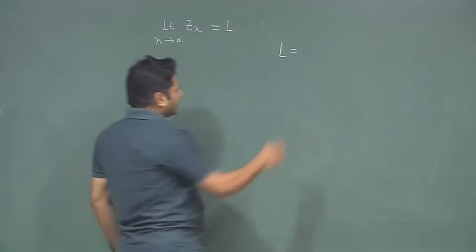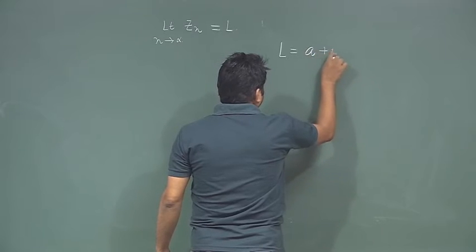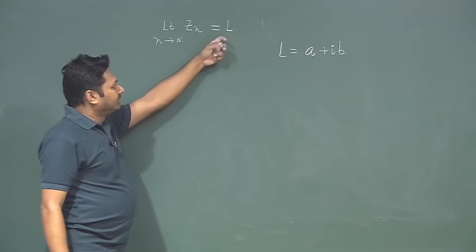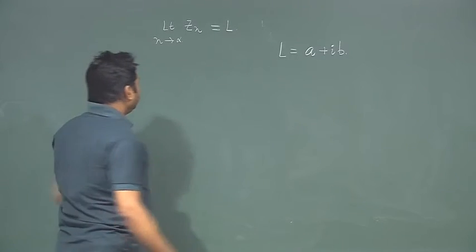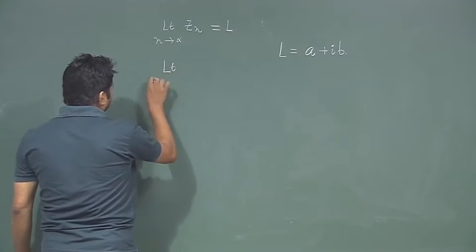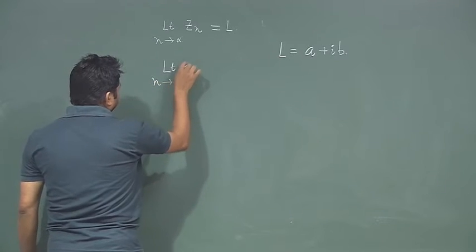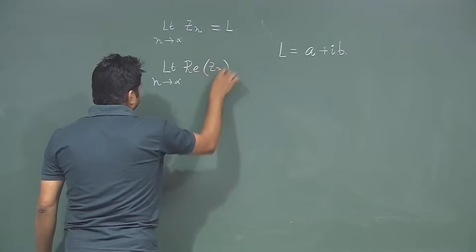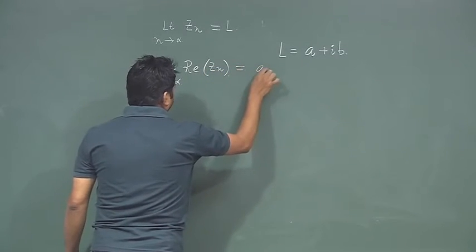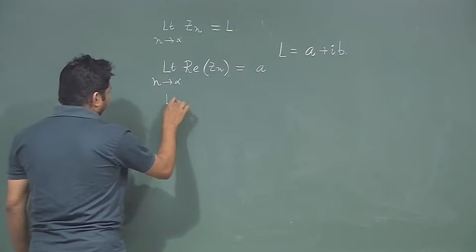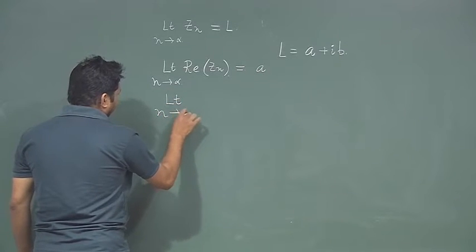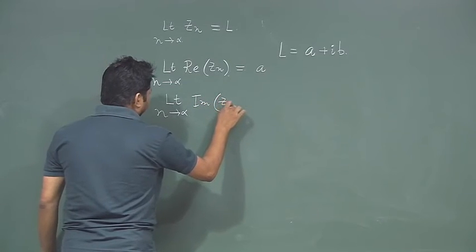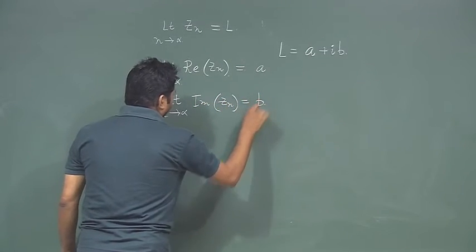So, I can write L as a plus ib, and this limit going to this point eventually means the limit as n tends to infinity of the real part of Zn should go to A, and the limit of the imaginary part of Zn can also go to some value B.